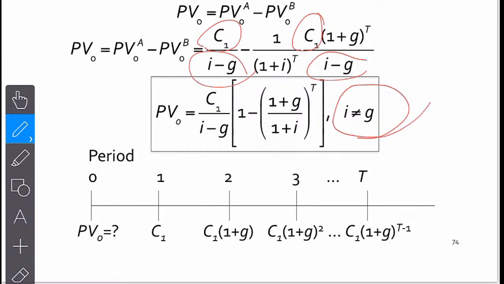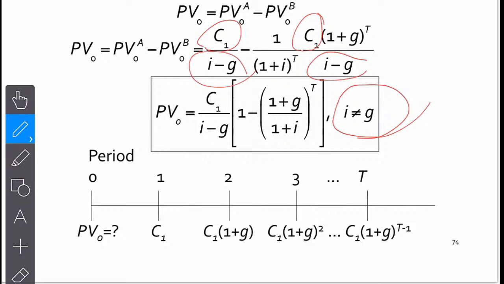I'll let you think about it. What is the problem if I equals G? Anyone?